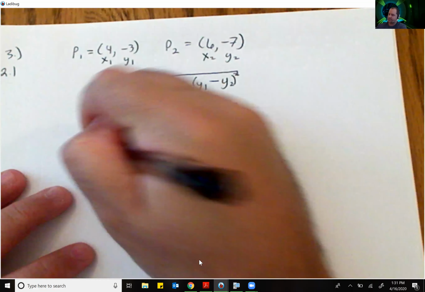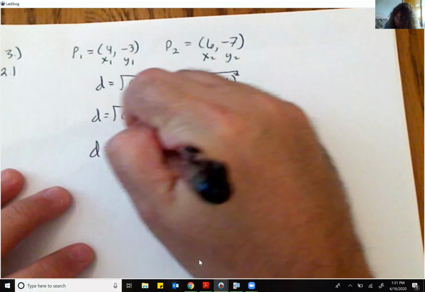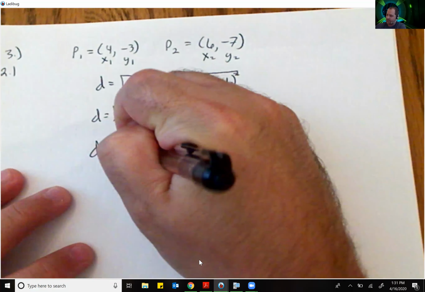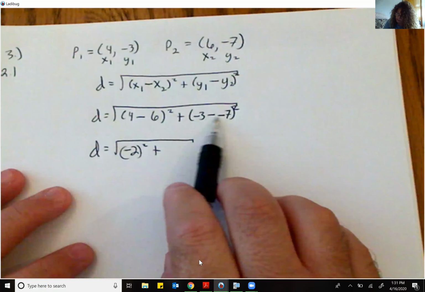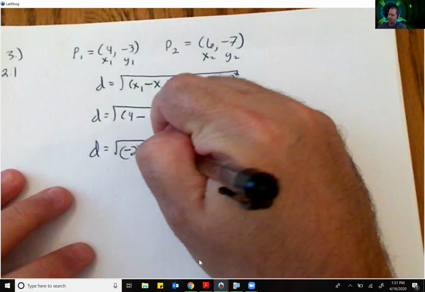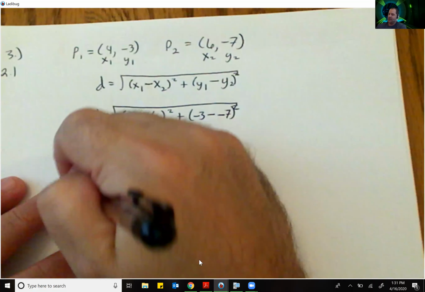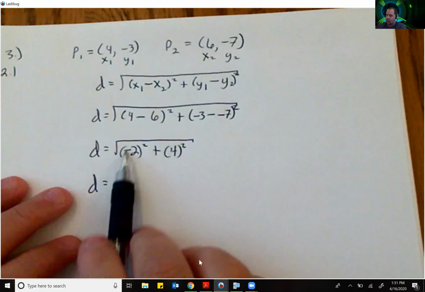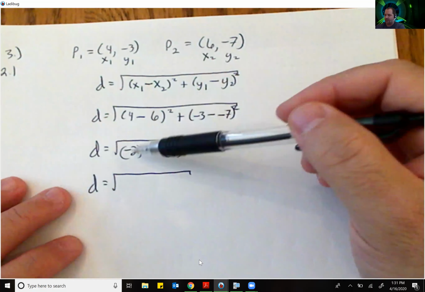All right. So D equals, what's 4 minus 6? Negative 2. So we got negative 2 squared plus, well, this becomes a plus. So what's negative 3 plus 7? 4. 4 squared. Now, please also, again, another big pitfall. If I square this, I don't care what your calculator says, but this number ends up being positive.